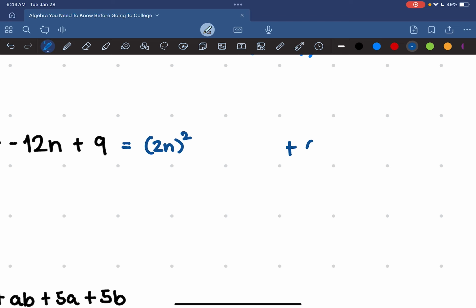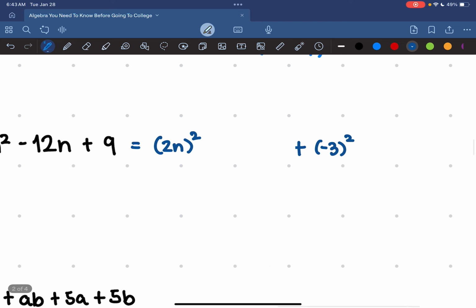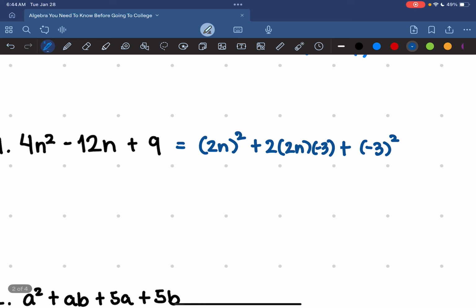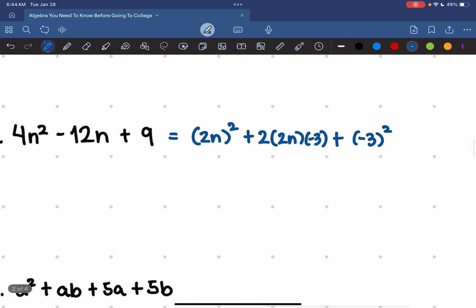The last one would be negative 3 squared. And then the middle term will become 2 times the first term and the last term. So how did I know that? Well, it comes with practice. That's a good thing because you can simply practice and be proficient at this one. It's not innate ability. So applying a perfect square trinomial, this will become 2n minus 3 squared. Okay, and that's basically the factored form of this one.